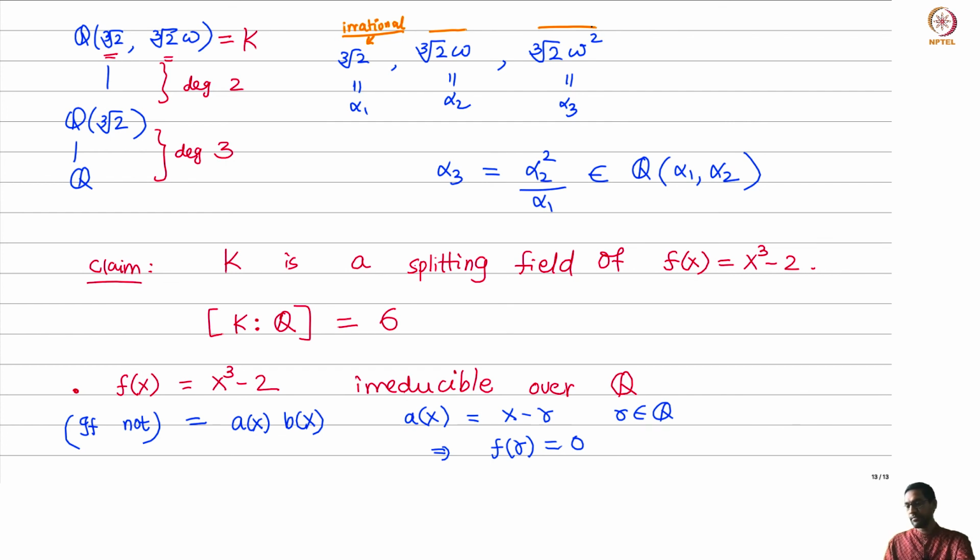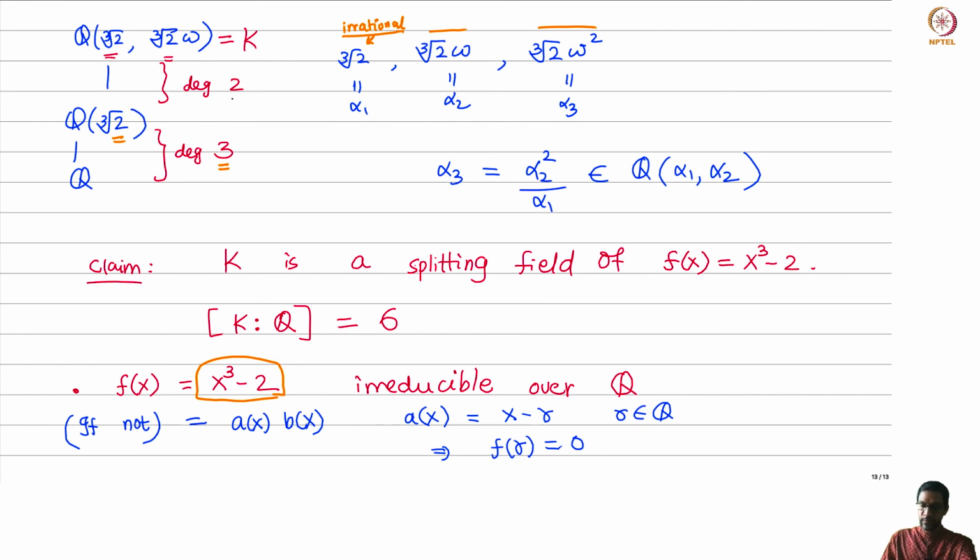So you can't have any of the roots be in Q, which means this polynomial must be irreducible over Q. That shows that the first element you adjoin, the cube root of 2, has a minimal polynomial of degree 3. Its minimal polynomial is exactly this. Therefore, by what you have seen before, when you adjoin a single element, the degree of the extension is just the degree of its minimal polynomial.